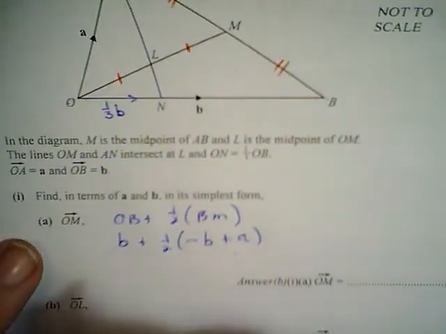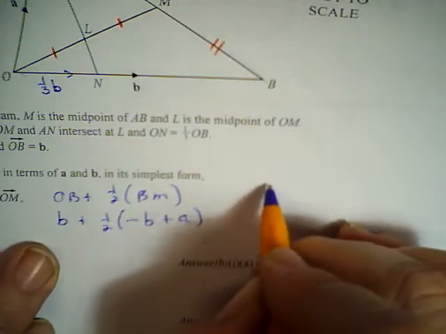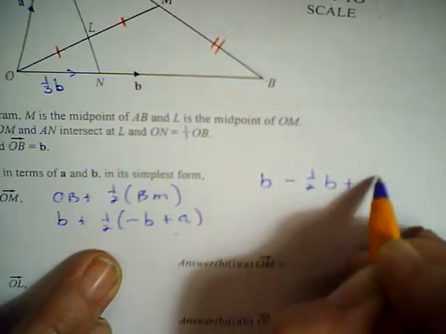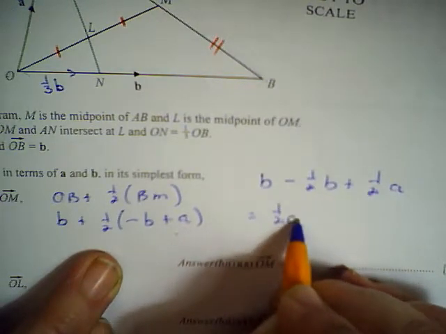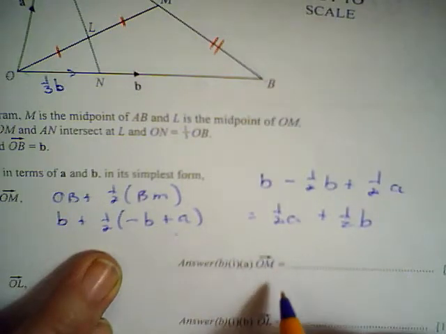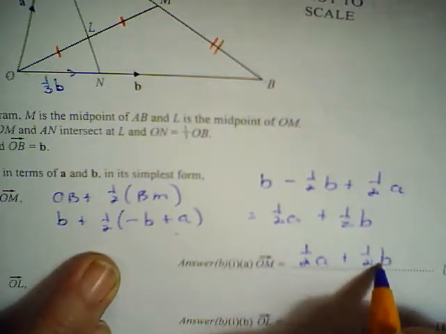So now we can simplify that. B minus a half B plus a half A would give me a half A plus a half B. And that would be OM.